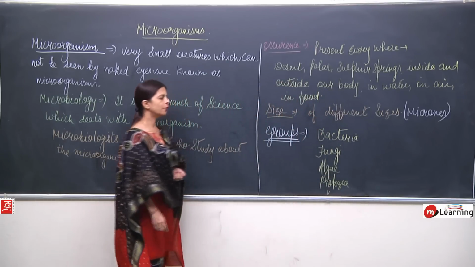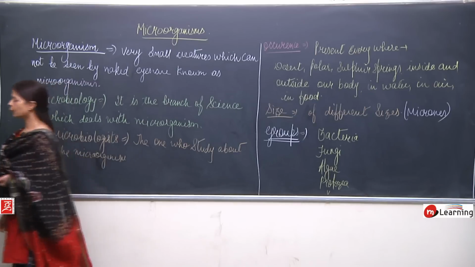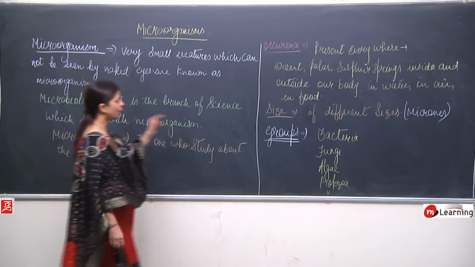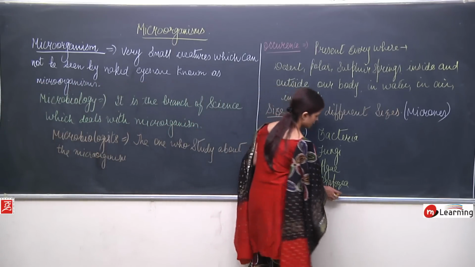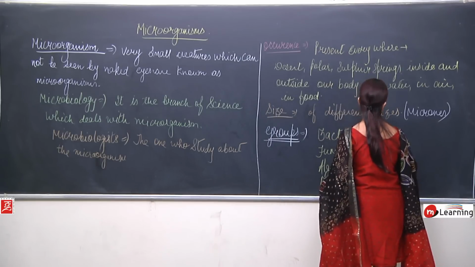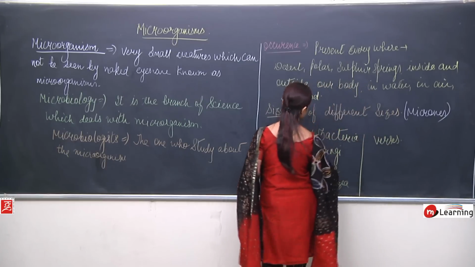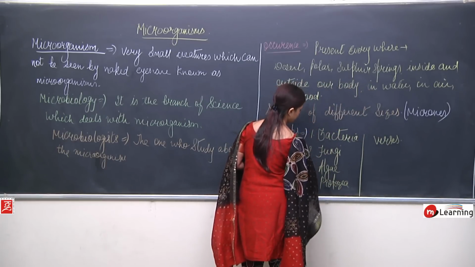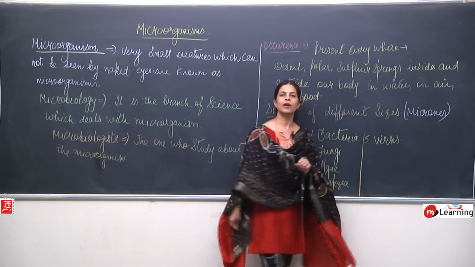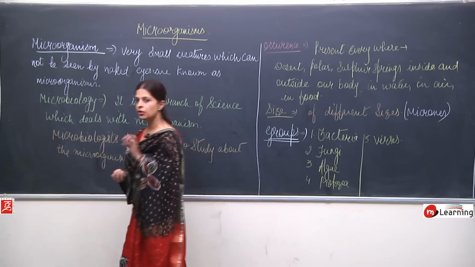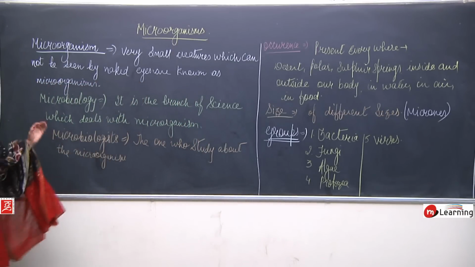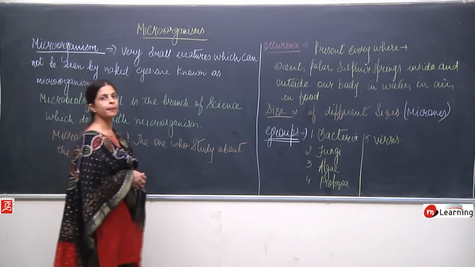So this is the 5 major groups. Now this is 1 bacteria, 2 fungi, third is algae, fourth is protozoa, and the fifth one is virus. So these are the major groups in which we are going to study all the microorganisms.